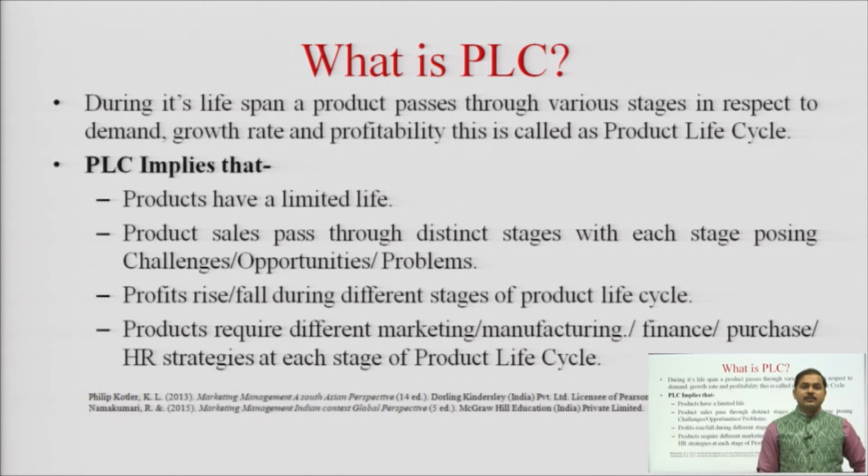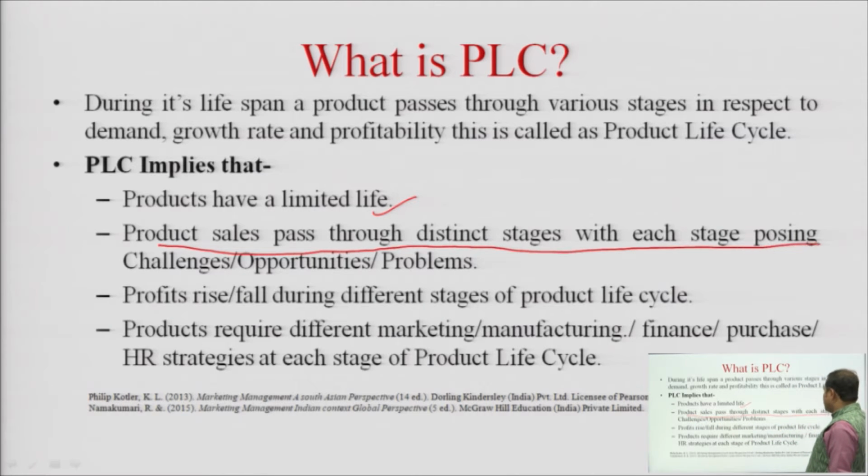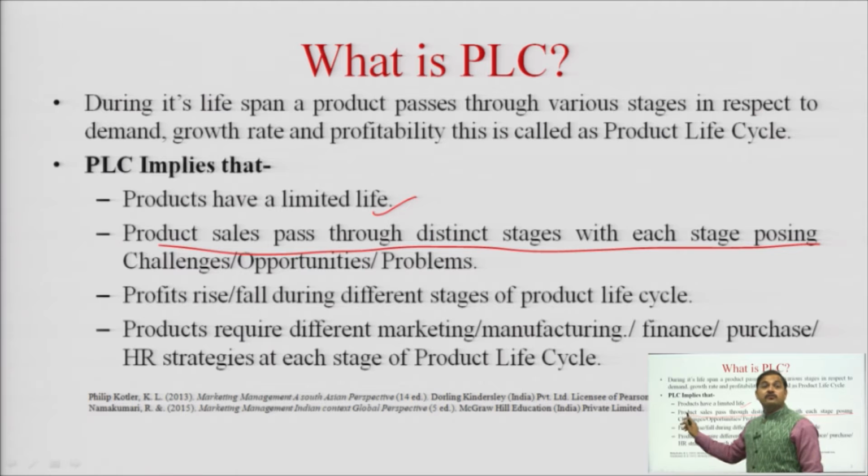So, what the product life cycle as a concept implies is that every individual product has a limited life. It is not going to be sustainable forever; it is going to experience a lot of ups and downs for as long as it is in the market. The product sales pass through distinct stages, with each stage posing different kinds of challenges.